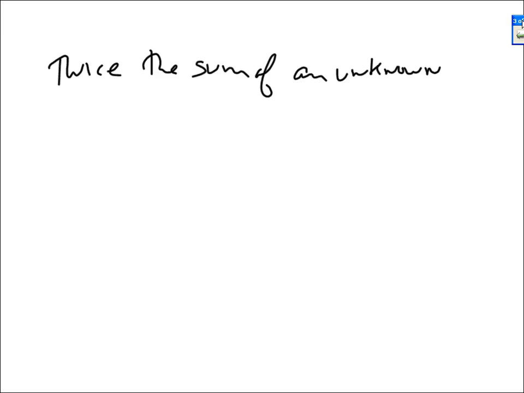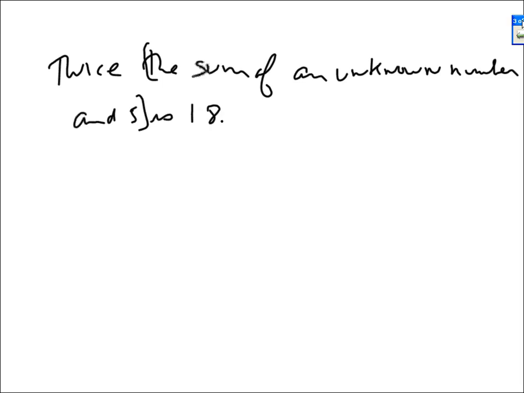Twice the sum of an unknown number and 5 is, say, 18. So you're taking twice the sum of an unknown number and 5.